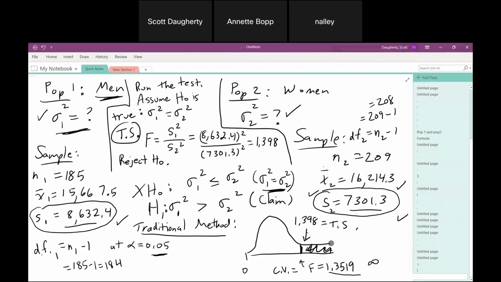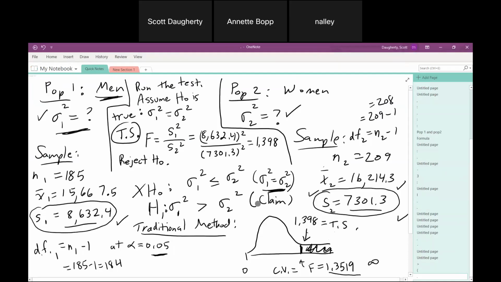In the past, we would have subtracted them to find out how far apart they are. Now we're looking at the ratio of the two numbers to determine how far apart they are. In this case, the ratio of the sample variance here to the sample variance here is about 1.398, and we determined up front that anything more than a ratio of 1.35 is when we're going to say they're too far apart to believe.